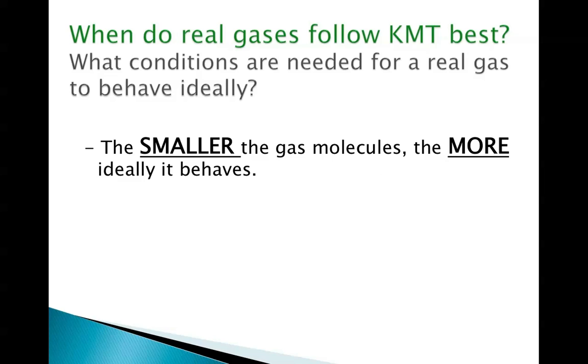So when do real gases actually follow kinetic molecular theory? What conditions are needed for a real gas to behave under these ideal characteristics? Well, the smaller the gas molecules, the more ideally it behaves. So if we're looking at our noble gases, helium and neon are going to be more ideal-like compared to something like argon or krypton.